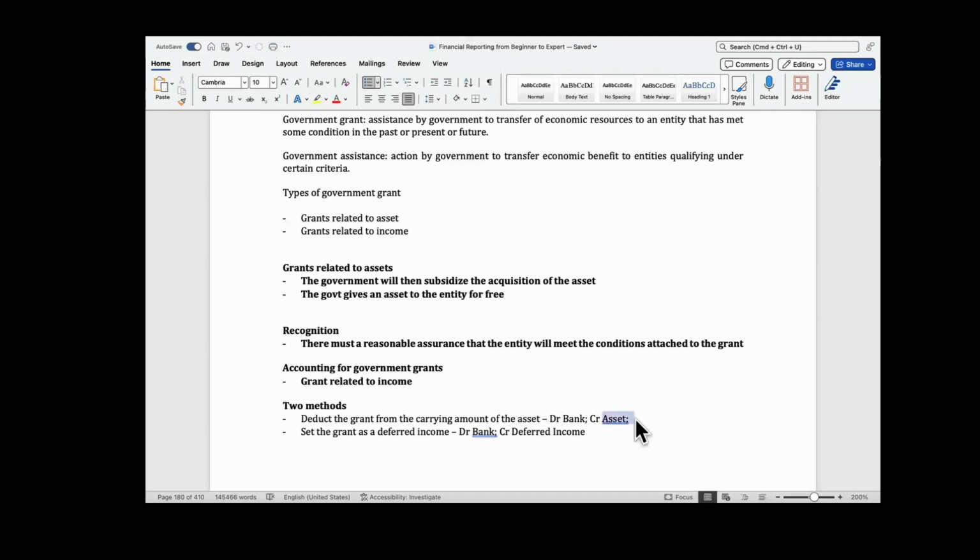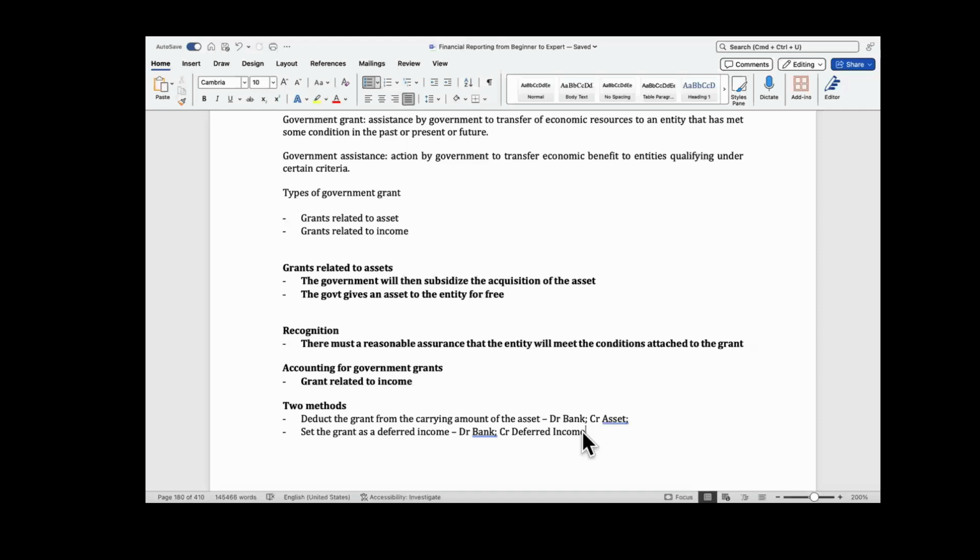If you are using reducing balance basis to spread the depreciation of these assets that the government has helped you to buy, the grant income as well, you are going to recognize in P&L using that same reducing balance basis. Since the grant funded the assets, we expect that you are going to recognize that grant in P&L over time.